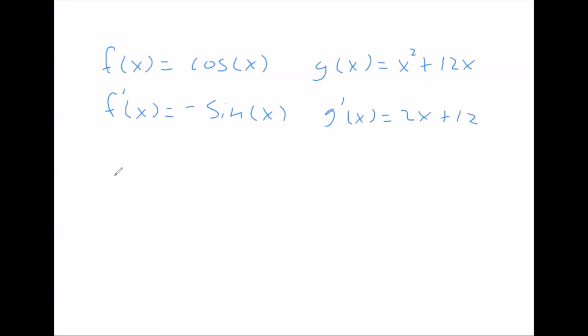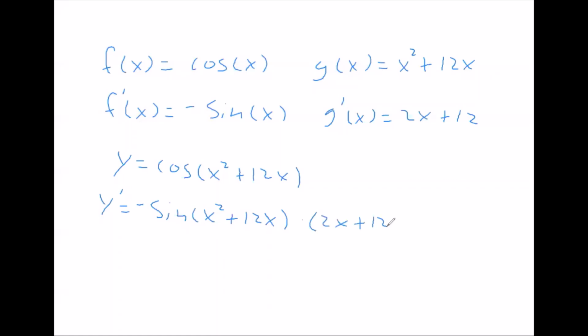And if we were to combine these and make a composite function, cosine of x squared plus 12x, its derivative would be negative sine with the same inside times the derivative of the inside, so 2x plus 12.